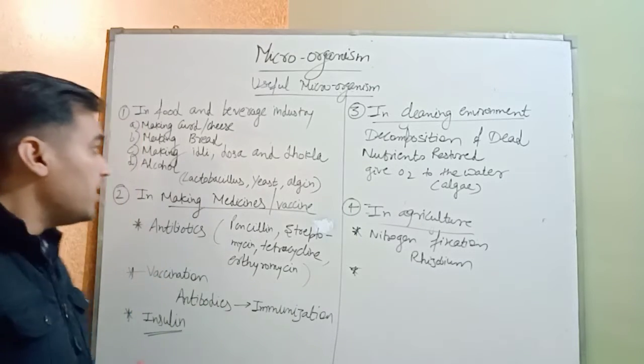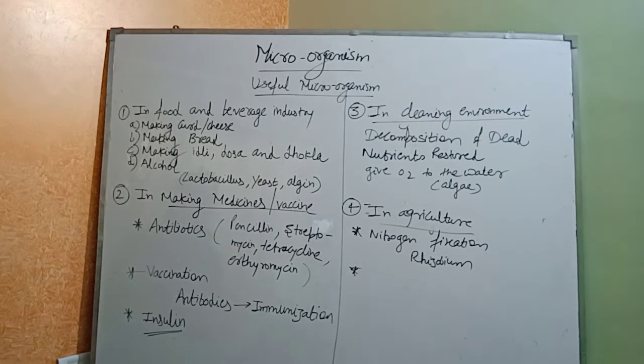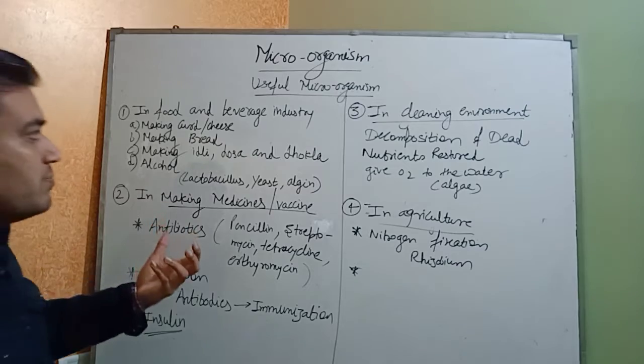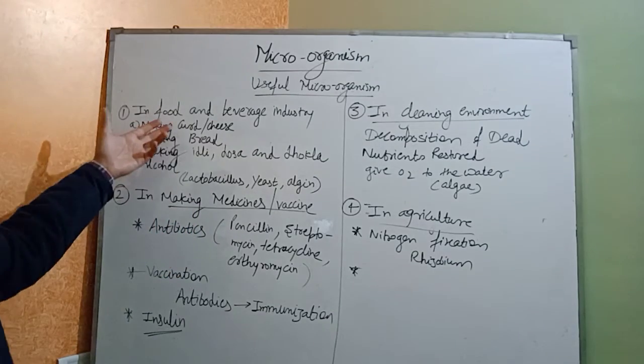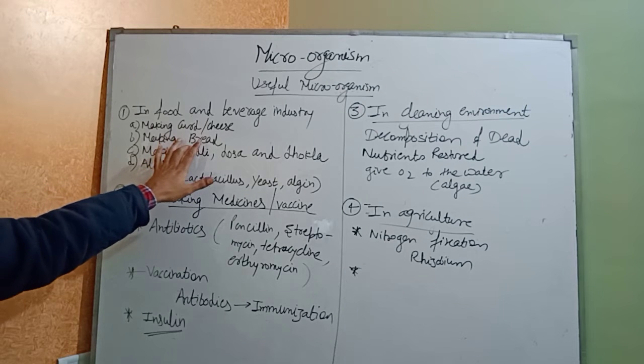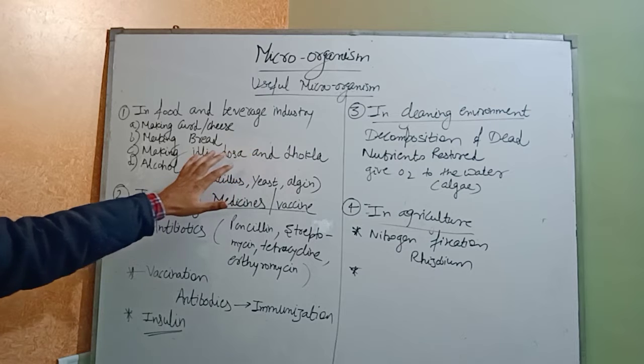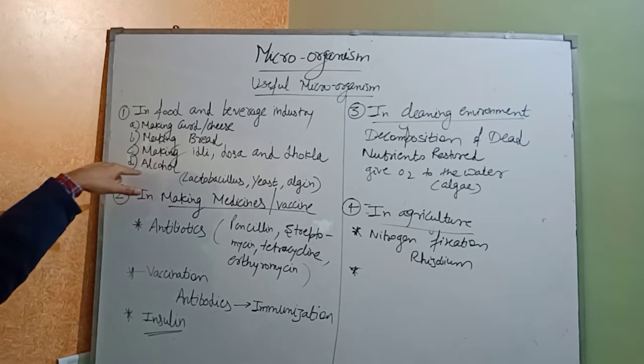Okay. Number 1, in food and beverage industries, how do microorganisms give benefit to us? For making curd, for making cheese, making bread with the help of the fermentation process, making idli, dosa, dokla, and to produce alcohol or drinks.